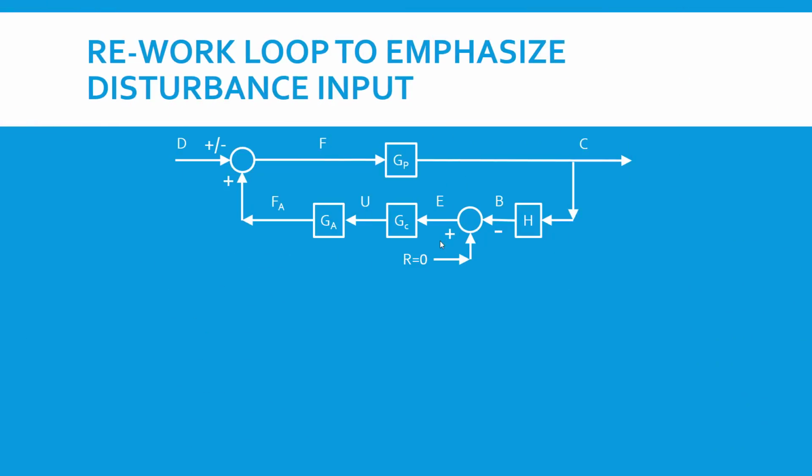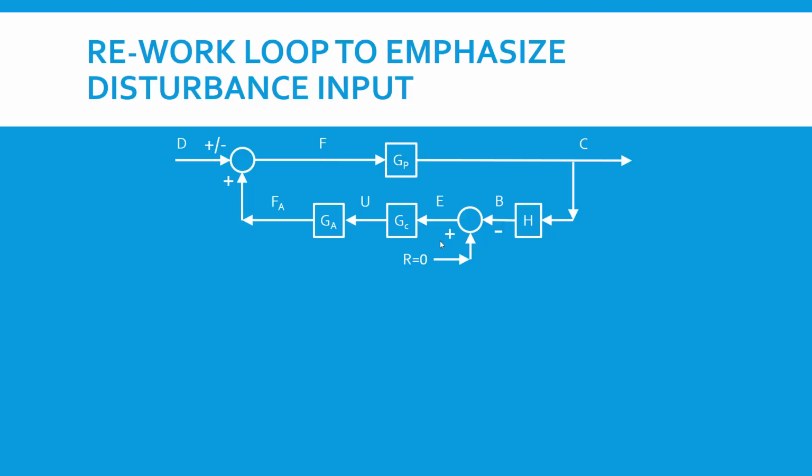Now we can also rework this loop using something called block diagram algebra. We want to emphasize the fact that the input to the loop that's upsetting it is the disturbance, not a change in the input value. As can be seen here, all we've done is redraw the loop.